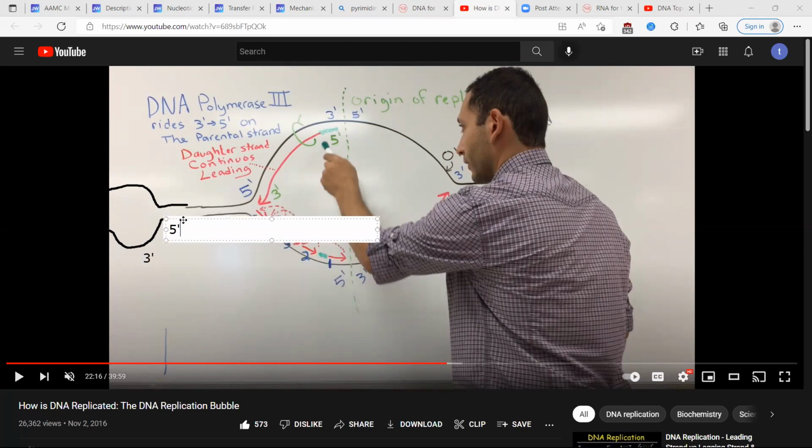So actually that one won't be lagging, it'll be leading. Which is to say, because this is another origin of replication. So here we're building continuously 3 to 5.